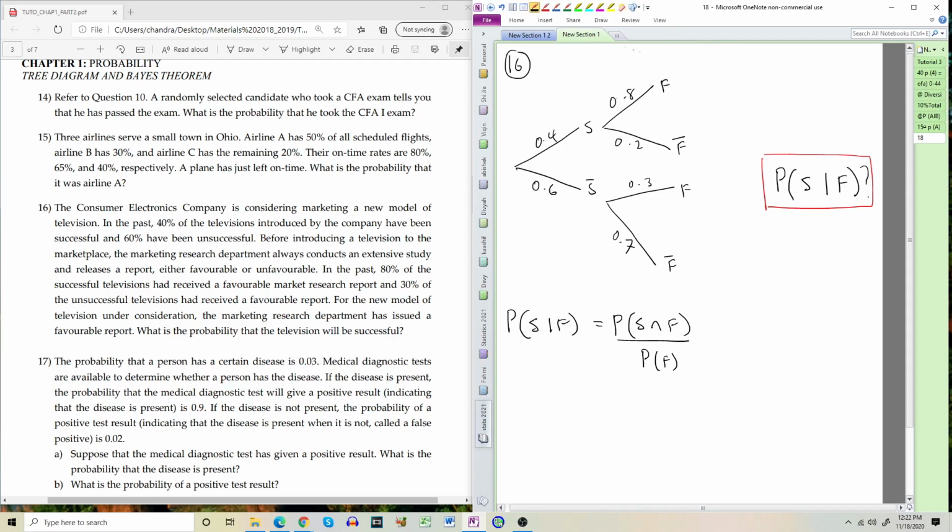Okay, this part I told you, you can write it like this.